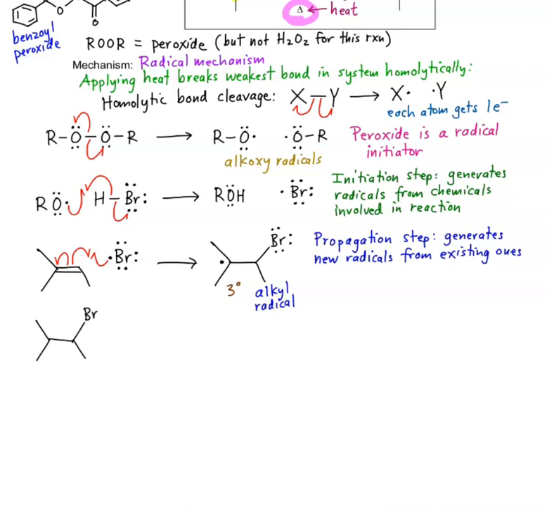So that radical, remember radicals are reactive intermediates, so they're going to react almost as soon as they're formed. One of these guys is going to find an HBr, and cause the HBr bond to break homolytically.